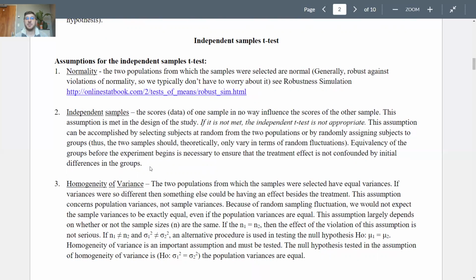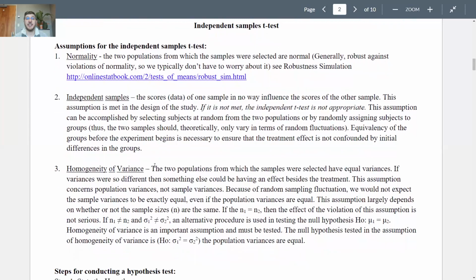And the third assumption is what's called homogeneity of variance. And what this assumption says is that the populations from which the two samples were drawn would have equal variances. If the variances of the populations were so different, then it could be something else besides the treatment that is actually having an impact.